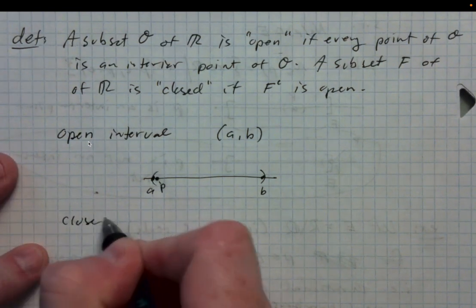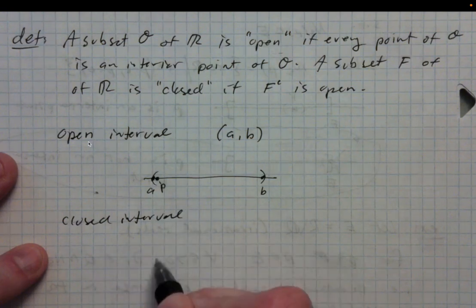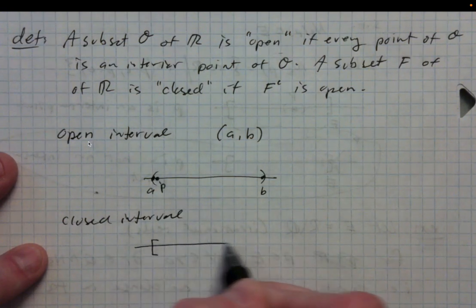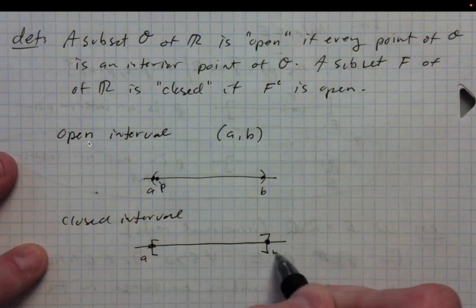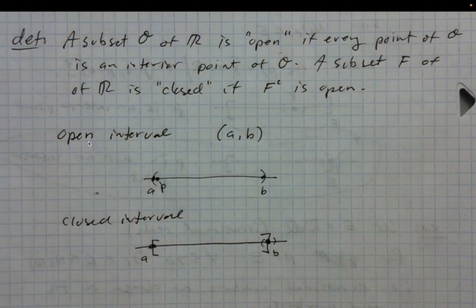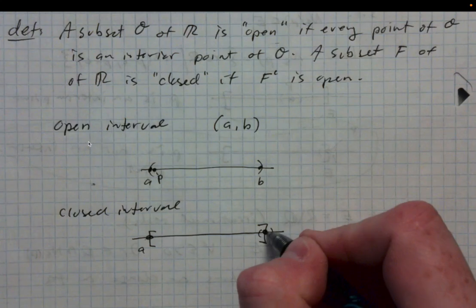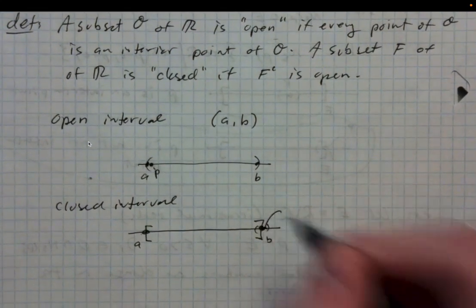Now, when I have a closed interval, that's where we run into problems. If I have my A and my B over here, then it's possible for me to consider the actual point on the end, and when I have the point on the end, there's no epsilon that's not going to produce this gap right here.